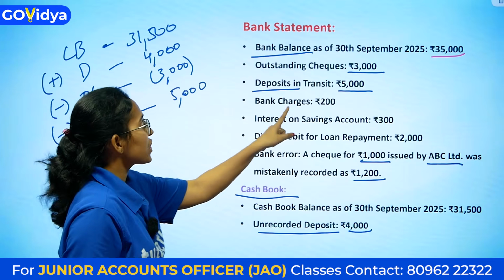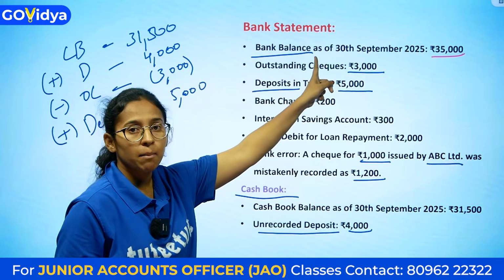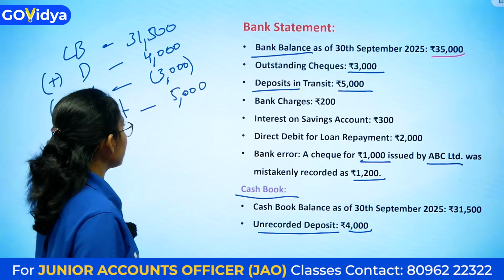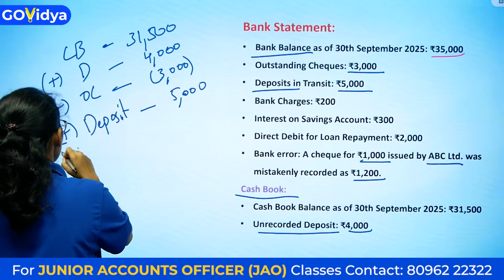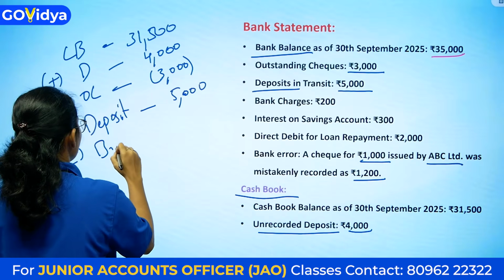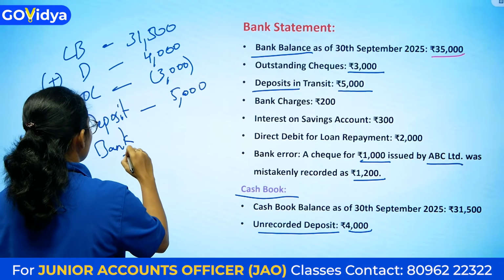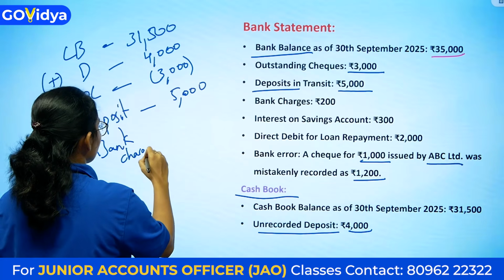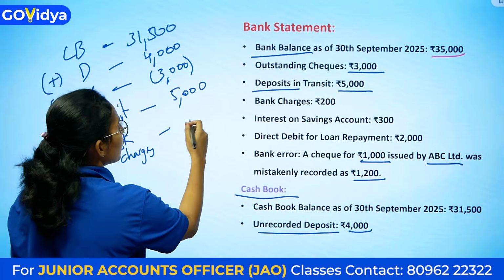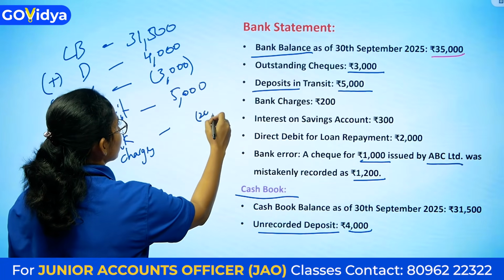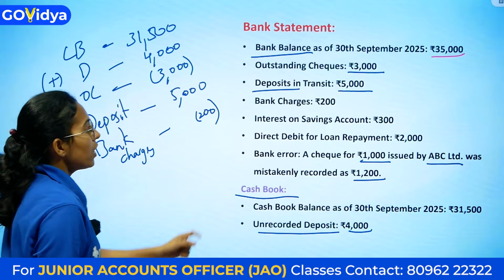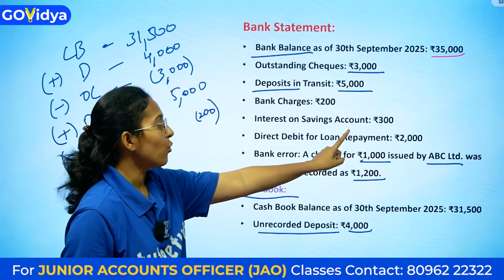Next, bank charges. Bank charges are considered by the bank, but not by the cash book. So bank charges should be deducted. How much? 200. Now, interest on savings account.